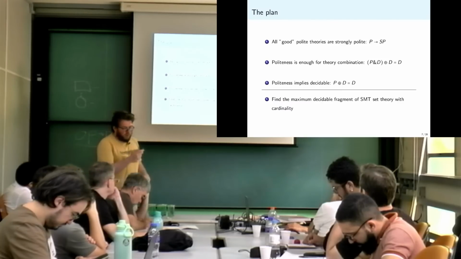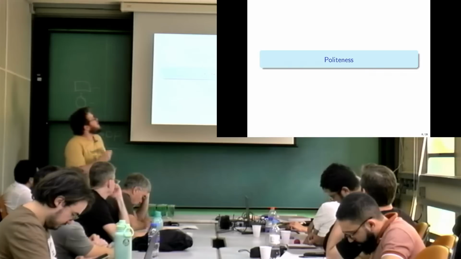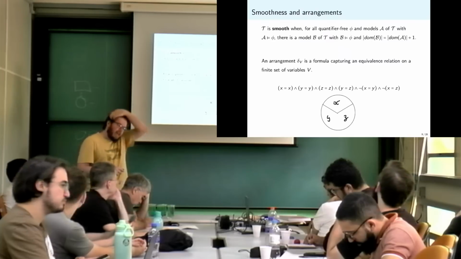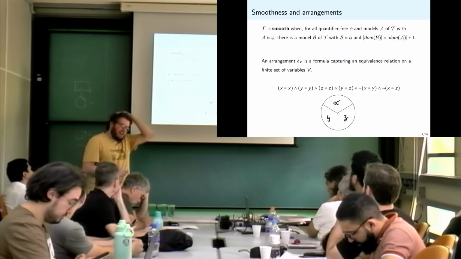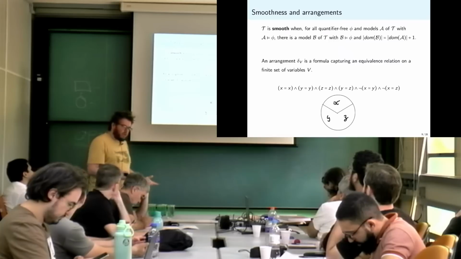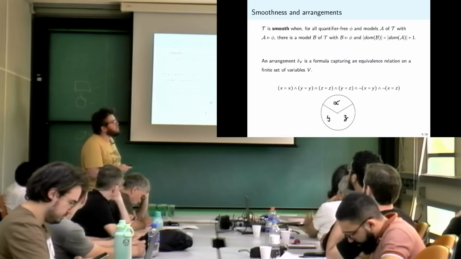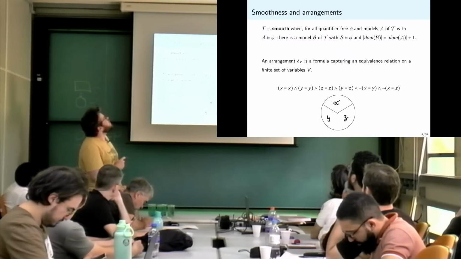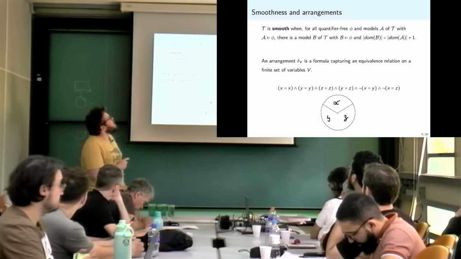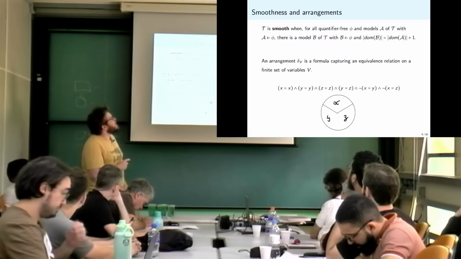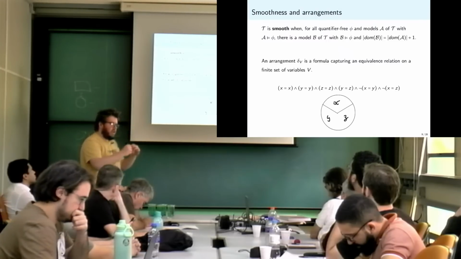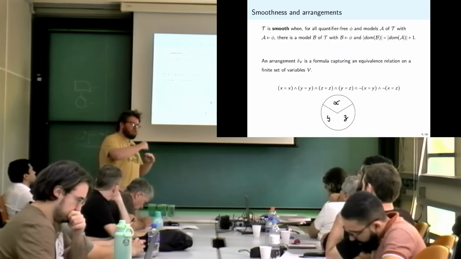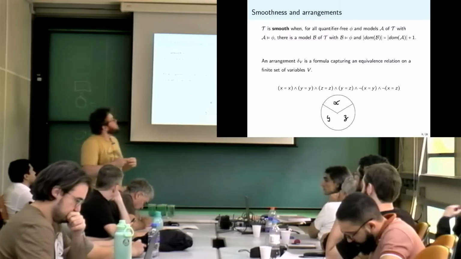So we had these 4 problems, and just to give a very basic idea, politeness is a nightmarish property to have for a theory. It's very difficult to define, to work with. The basic idea is a theory is smooth when it has all bigger models, meaning if a quantifier-free formula has a model, then it has models of all larger cardinalities.